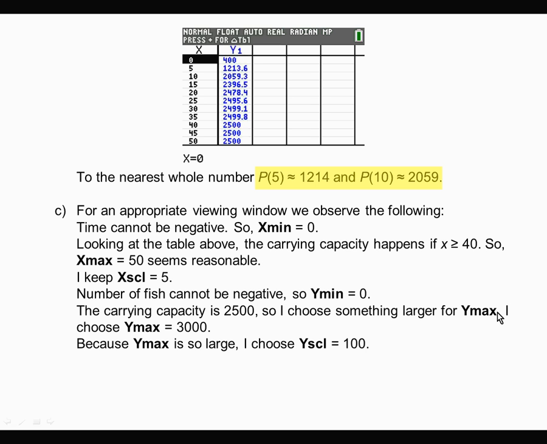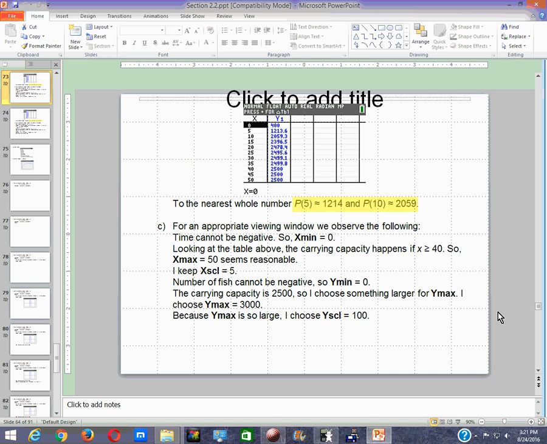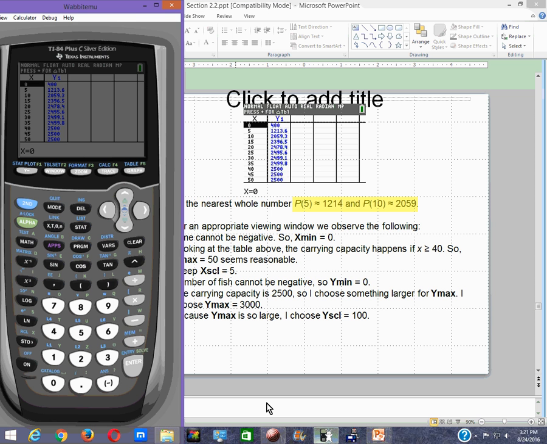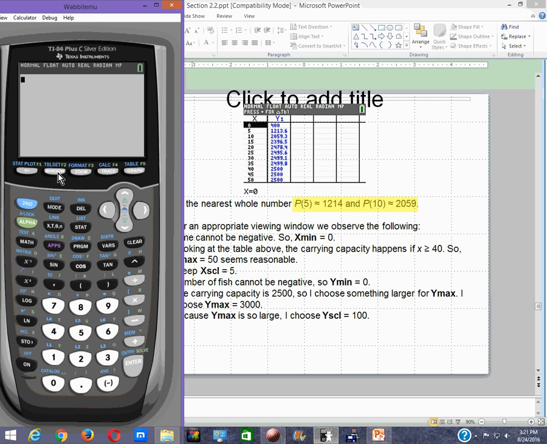So let me put those settings into our calculator. Window: minimum of 0 for x min. I chose 50 for x max. I said I would go up in increments of 5. Y min I chose to be 0.